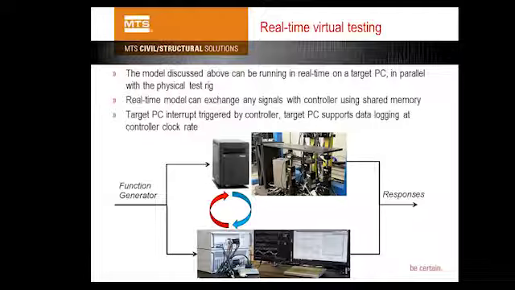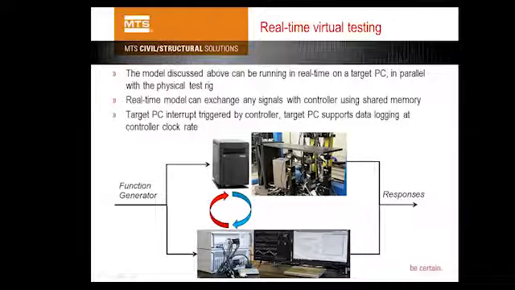You can do it offline on your own computer with MATLAB and Simulink, but we can go one step further and build that model onto a real-time target machine, and let the model run on the machine. Meanwhile, we give the same function generator input to the physical test rig and run. So they are running in parallel.